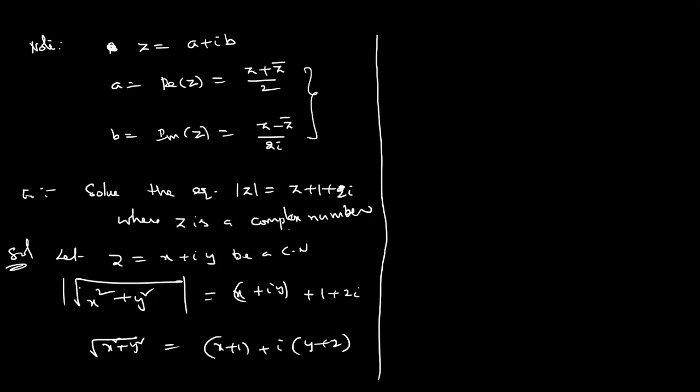What is the result? x square plus y square is equal to x plus 1 whole square plus y plus 2 whole square i square, plus 2i into x plus 1 into y plus 2. Simplify. After that, comparing real part and imaginary part, simplify. Whatever answer comes, that is the answer.